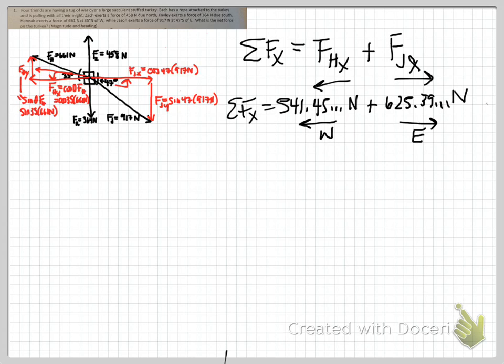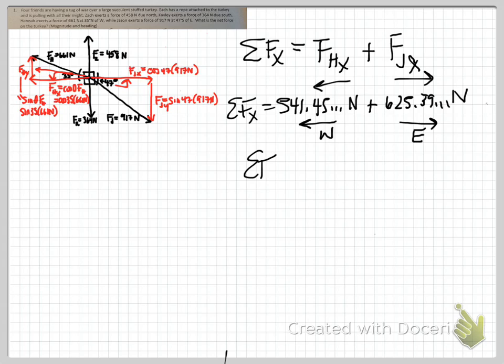So we have a sum of forces on the x-axis of 541.45 etc. newtons to the west. That's the force of Hannah on the x, plus 625.39 etc. newtons to the east. That's force of Jason on the x.